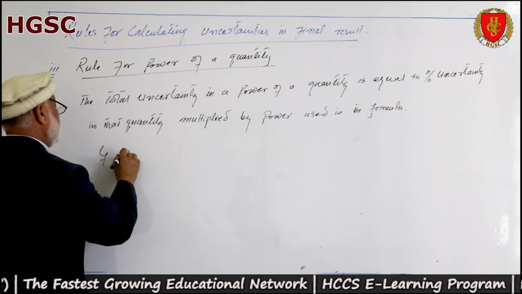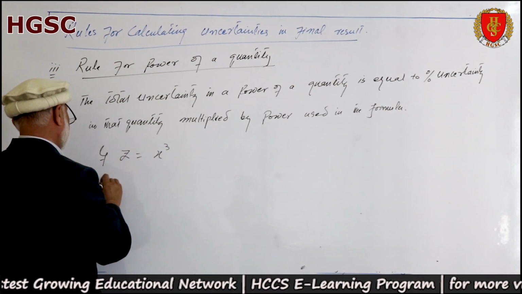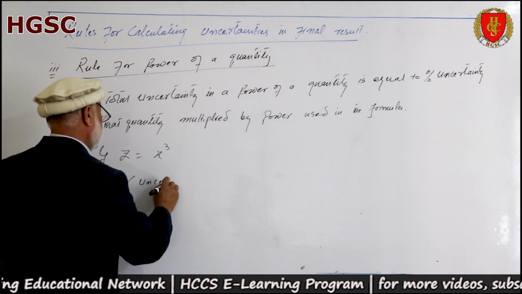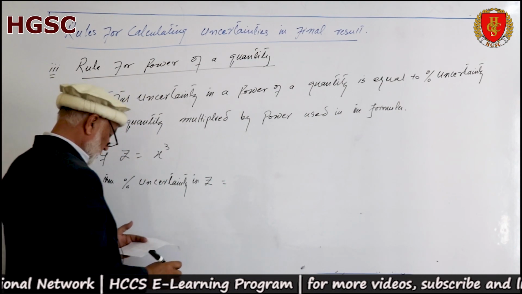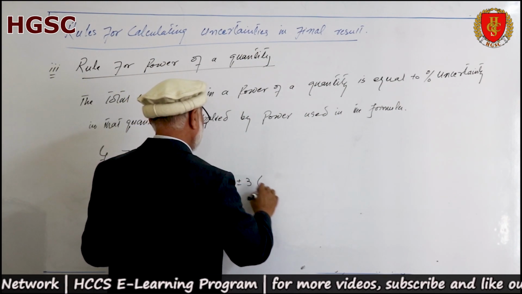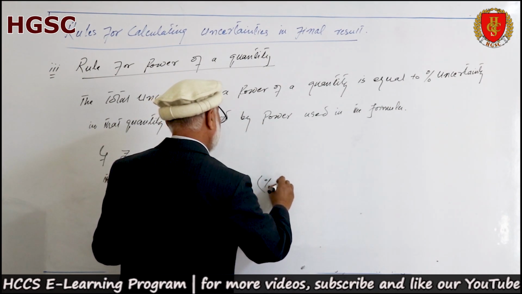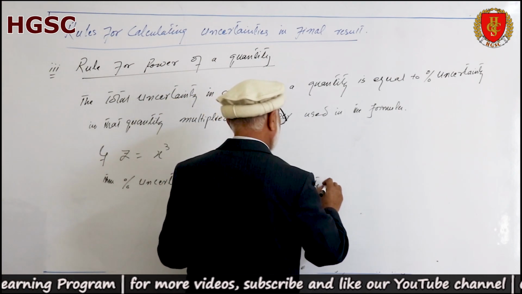If z is equal to x power 3, then percentage uncertainty in z is equal to plus minus 3 multiplied by percentage uncertainty in x.